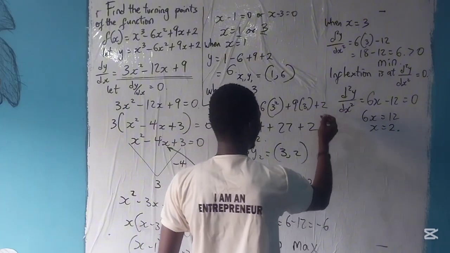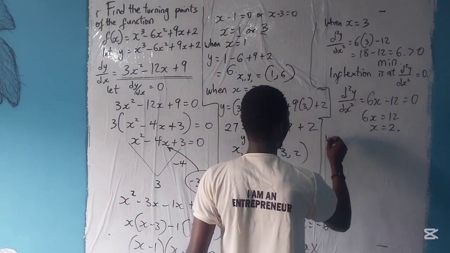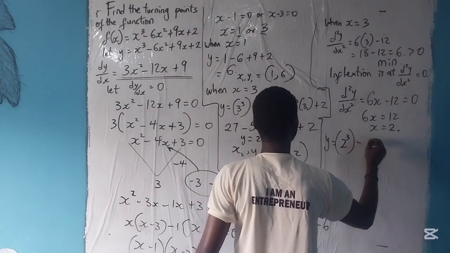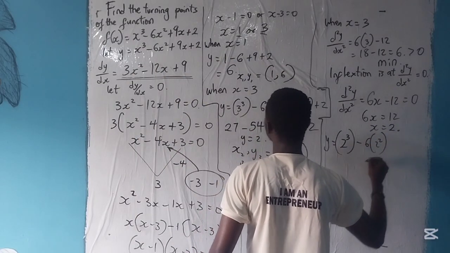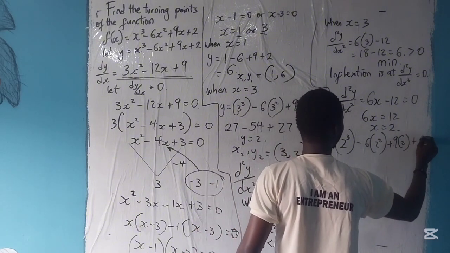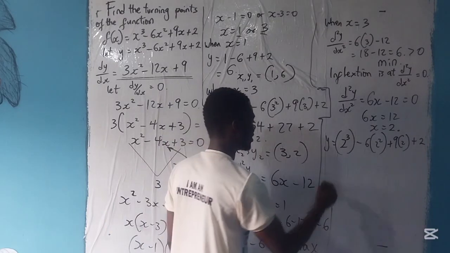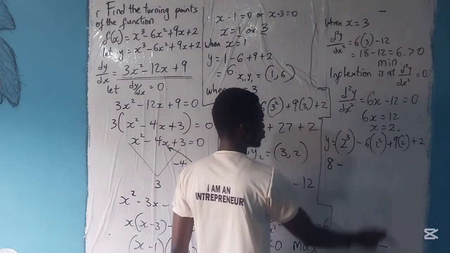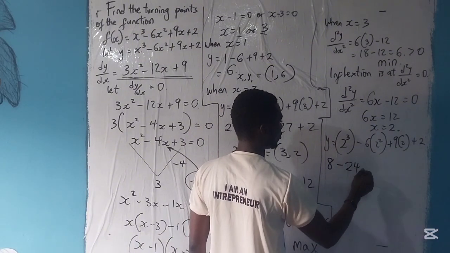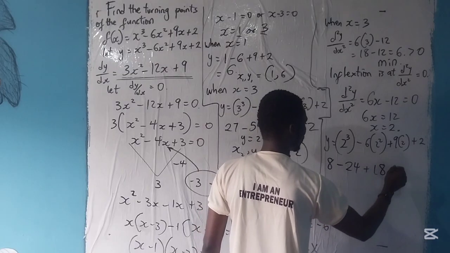But now, if x equals 2, we still need to get its value for y. From the question, let's get its value for y. That means y will be equal to 2 cube minus 6 into 2 square plus 9 into 2 plus 2. Now, what is 2 cube? 2 times 2 is 4, times 2 is 8. That's 8 minus 6 times 2 square, 2 square is 4, 4 times 6 is 24, plus 9 times 2 is 18, that's 18 plus 2.